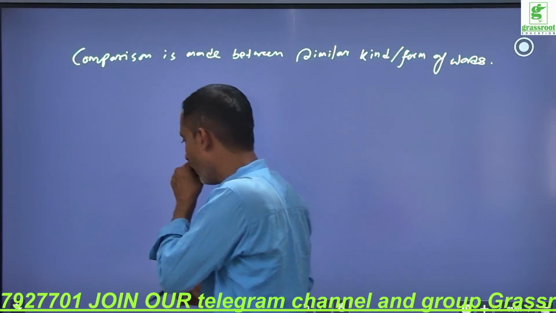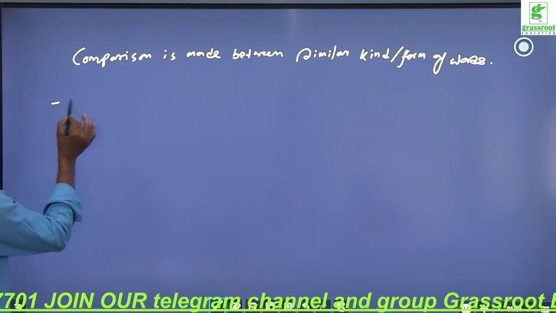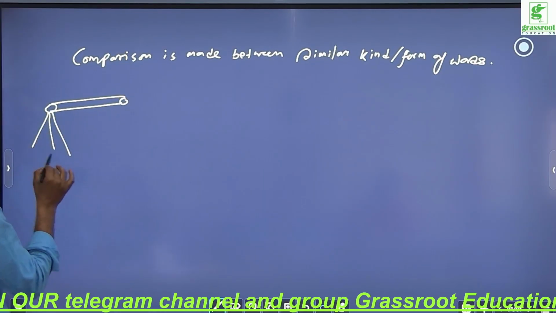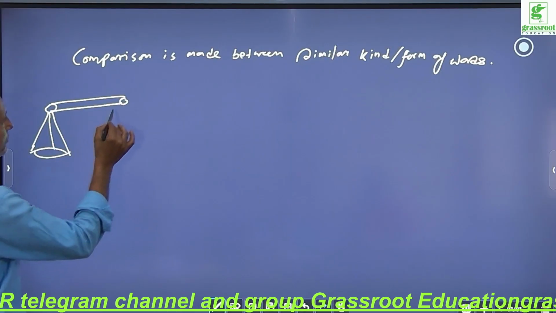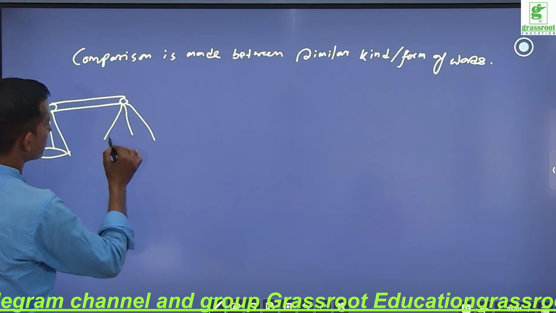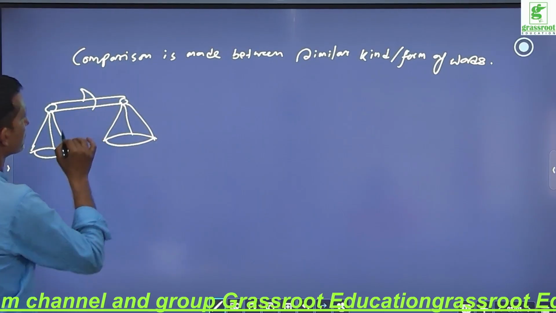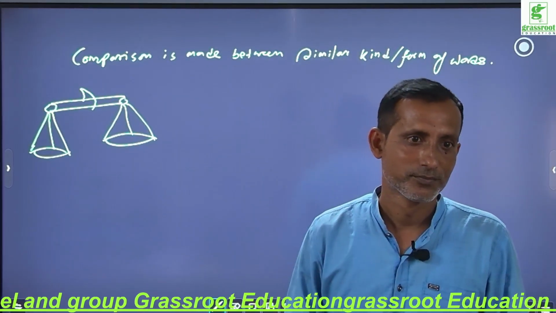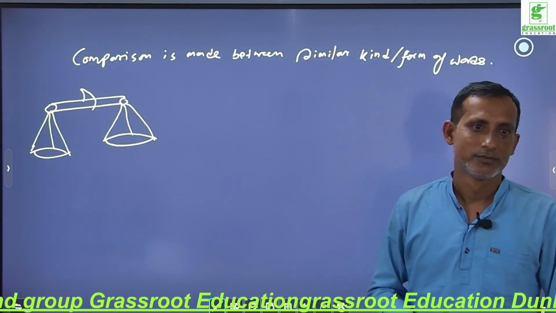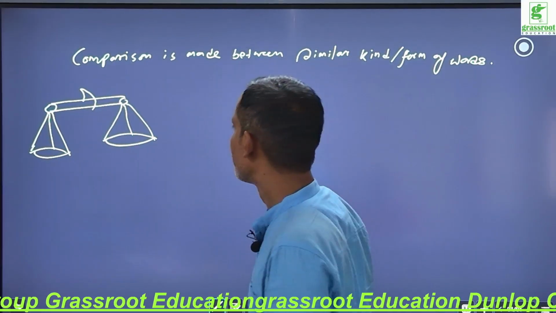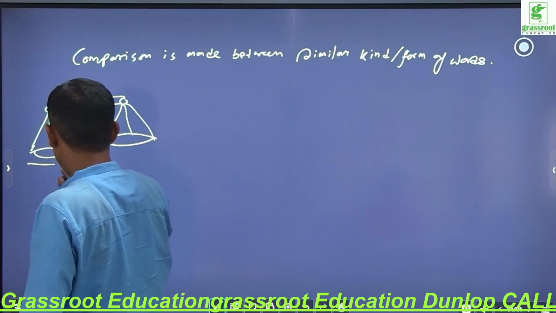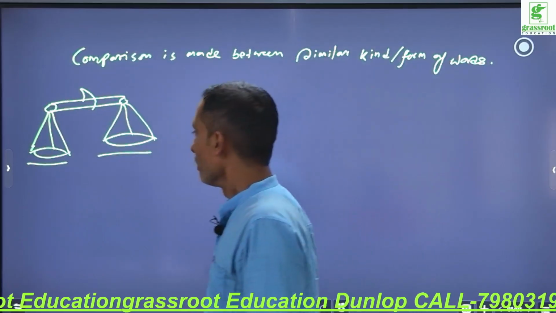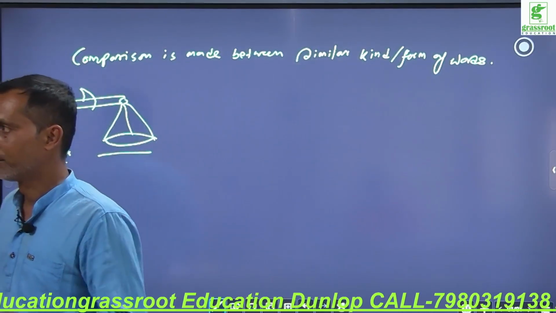So, just take a short look at this picture. Now, tell me, what is this? Yes. So both parts remain in the same line when the same weights are there.